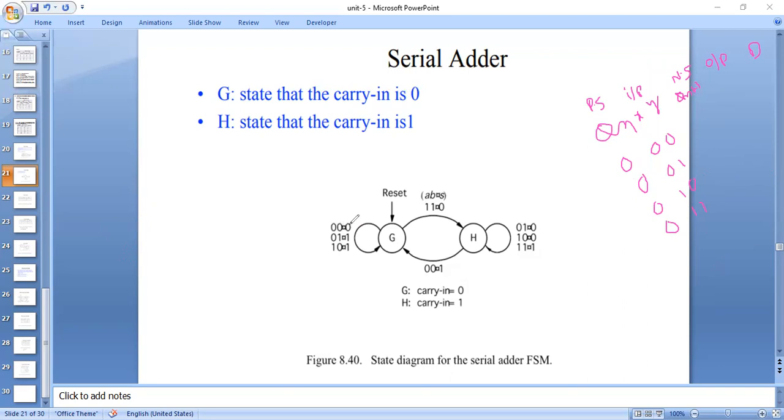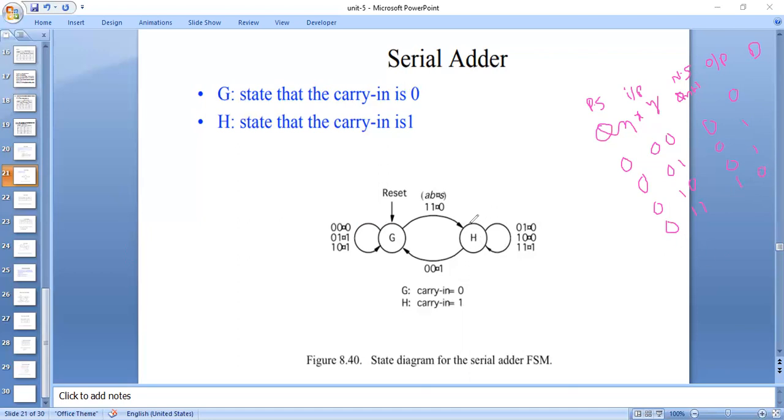Okay, so see here for the input 0 0, what is the corresponding output? 0. What will be the next state? Same, it is in state 0 only. Okay, and for these conditions the input will be 1, but when the inputs are 1 1, it will go to the next state 1, and what will be the output there? 0.